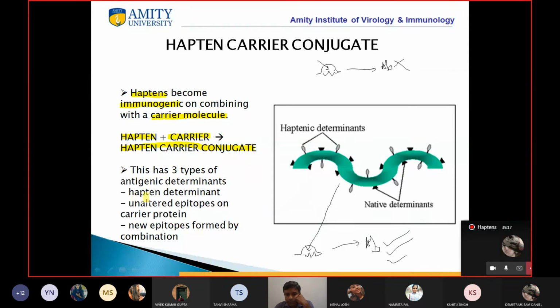One is the hapten determinants, that hapten you had. Second, unaltered epitopes on the carrier protein, the epitopes of the carrier protein. And third, some new epitopes formed by the combination. When we make this conjugate, some new types of epitopes may also be formed.